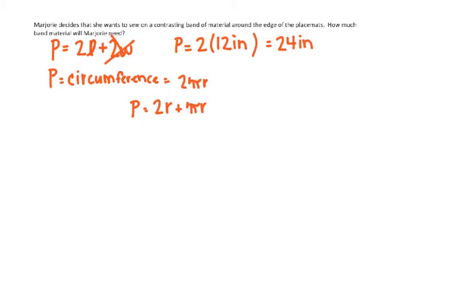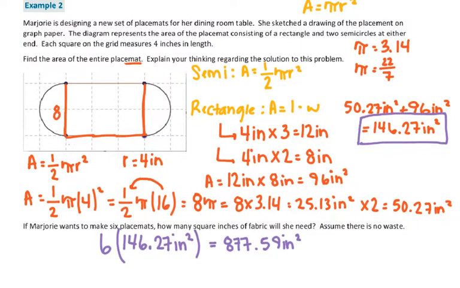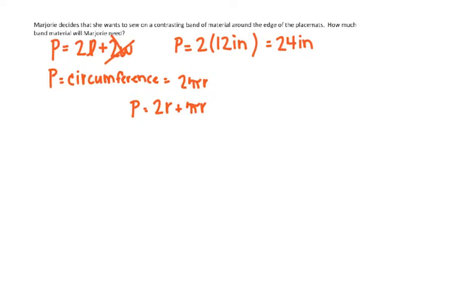Now, as I'm looking at the perimeter of the semicircle, so remember, if I go back, the edge of that semicircle, the radius was 4 inches, the entire diameter is 8 inches. So if I were to do all the way across, that's 8 inches. So I am ignoring firstly this 2 times the radius as I'm looking at finding the circumference of this semicircle.